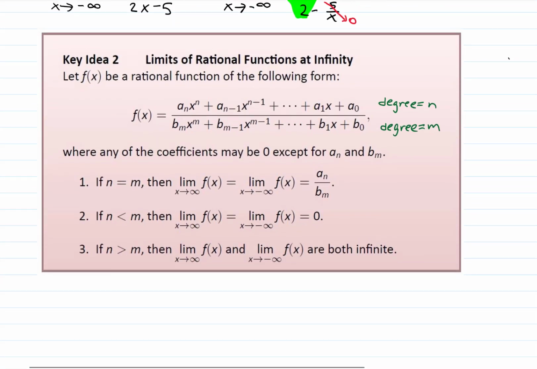Okay? And before we close off, last thing. This same trick works even sometimes for harder functions too. Like, for instance, I'll just show this one to you real quick here. Let's do the limit of x over the square root of x squared plus 1. Let's do the limit as x goes to infinity.